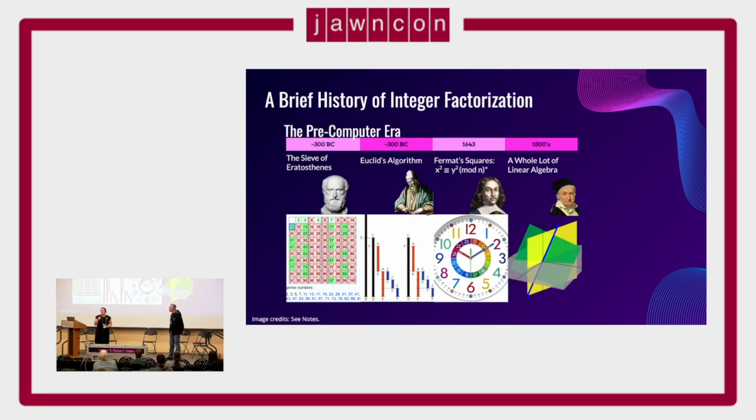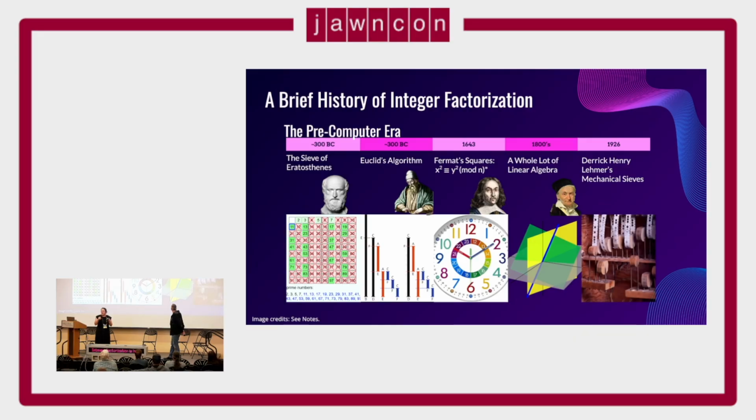A lot of Gauss's work is actually what allows us to be able to run algorithms in our computers today. So Gauss came along. And then in 1926, so there's a huge jump here, Lehmer came up with this mechanical sieve. It's actually a work of art.